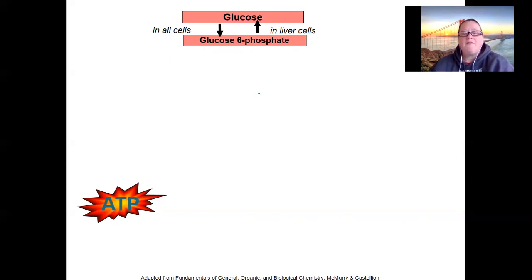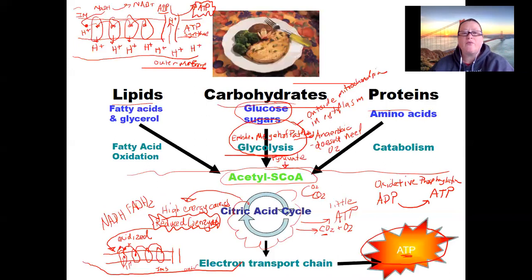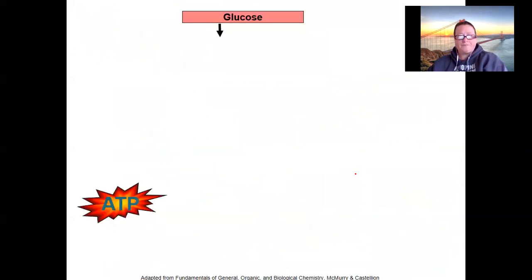So, in addition to talking about the breakdown of glucose in a way that it turns into acetyl-CoA, enters the citric acid cycle, begins electron transport, ultimately ending up in oxidative phosphorylation to produce ATP, we're also going to talk about what can happen to recreate glucose, to put glucose back together.